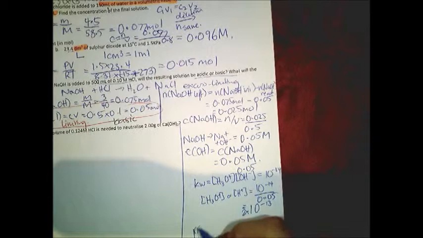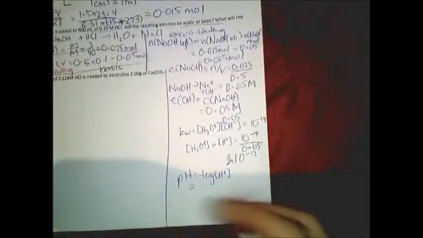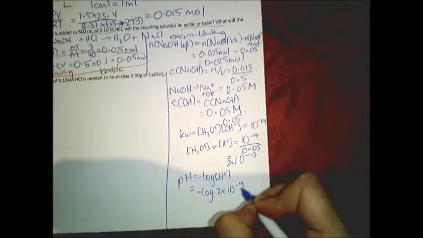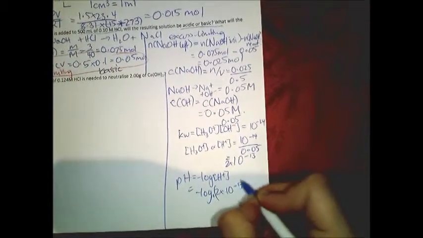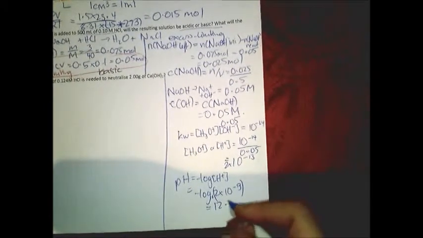So pH equals negative log concentration of H+ equals negative log 2 times 10 to the negative 13, equals 12.7. So even after the reaction, because NaOH is in excess, the pH will be 12.7.